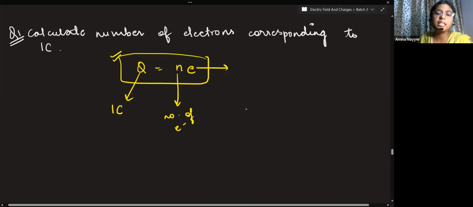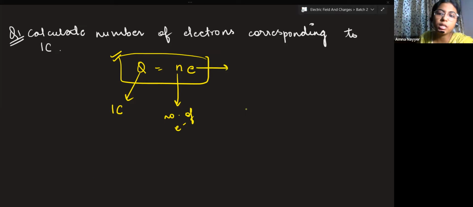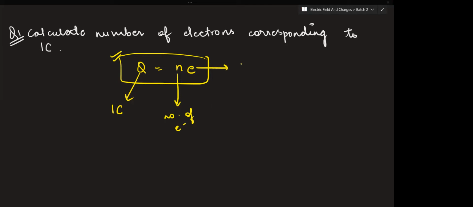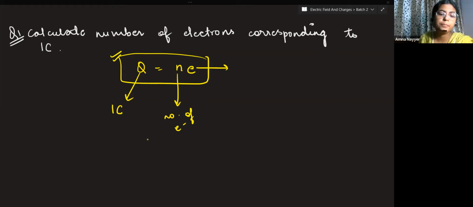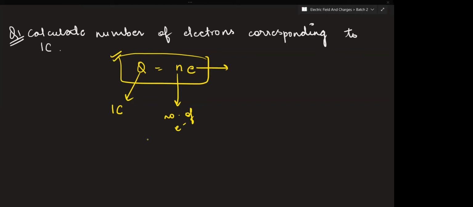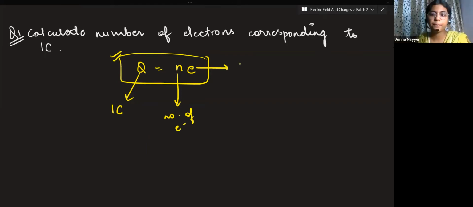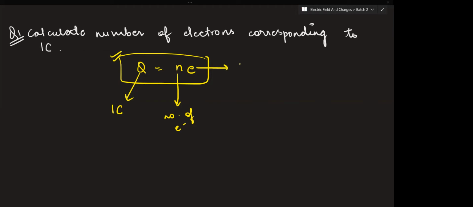And e, Heba, you tell me what is e? Okay, Fatima, you tell. 1.6 into 10 power minus 19.